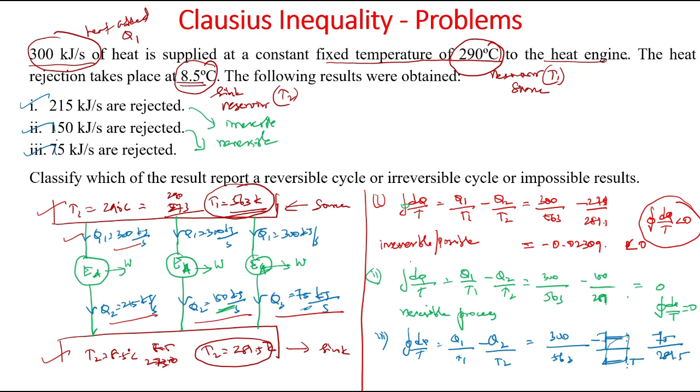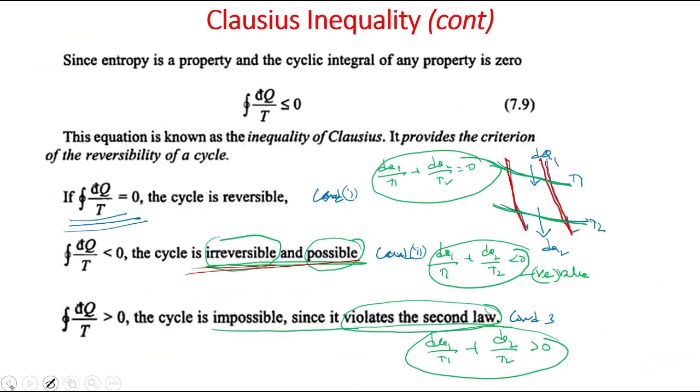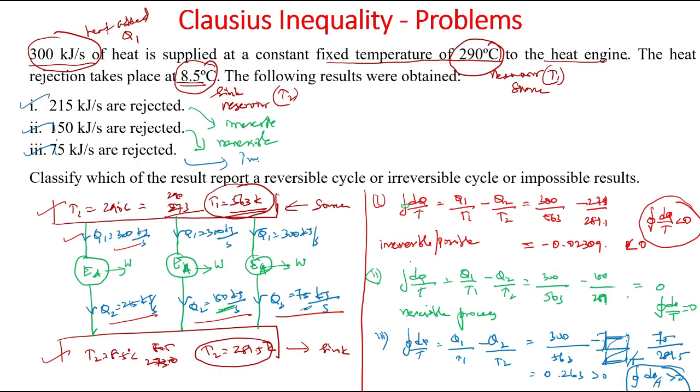We are getting a value of 0.263 something, which is greater than 0. So the cyclic integral of dQ by T is greater than 0. From that, this third case is called the impossible cycle.